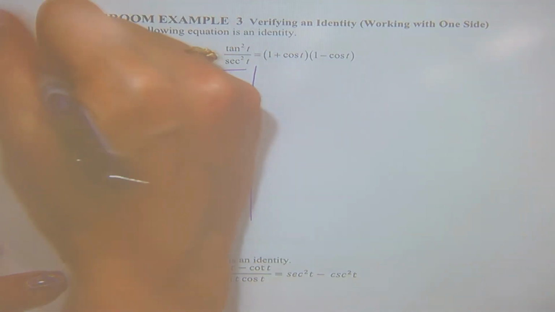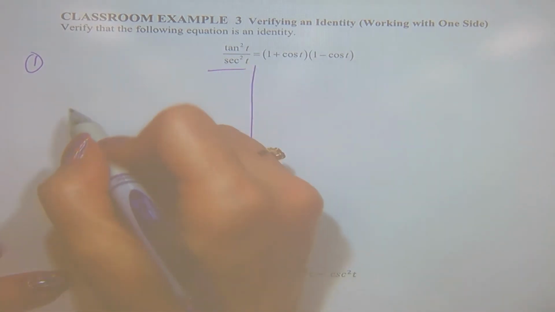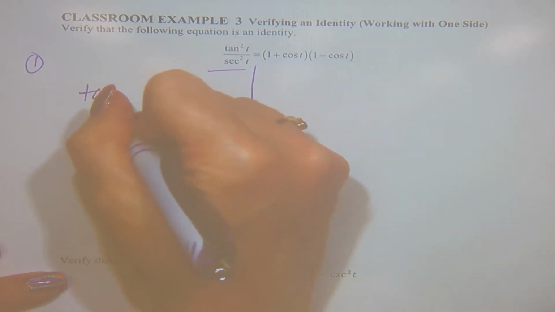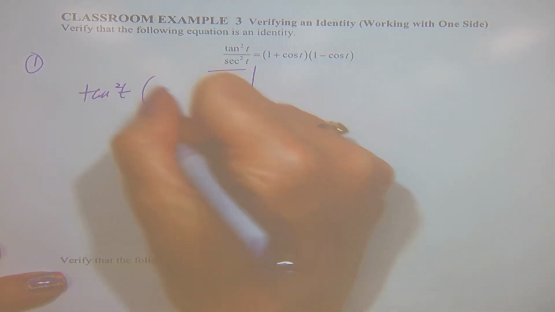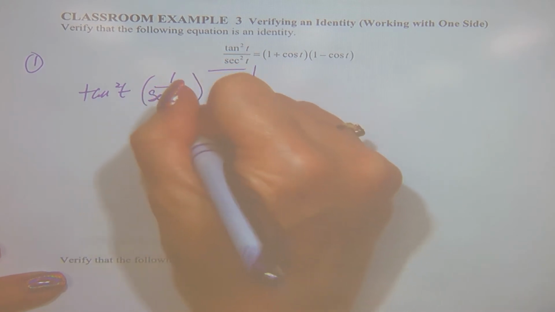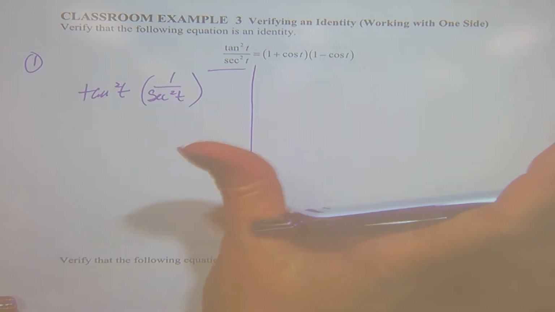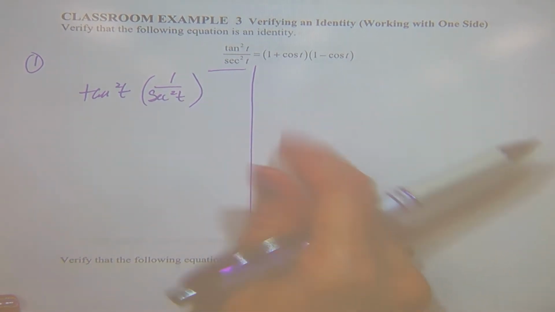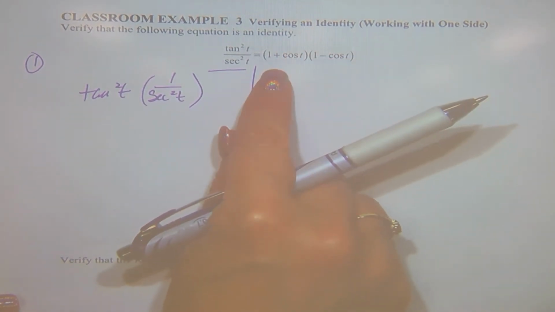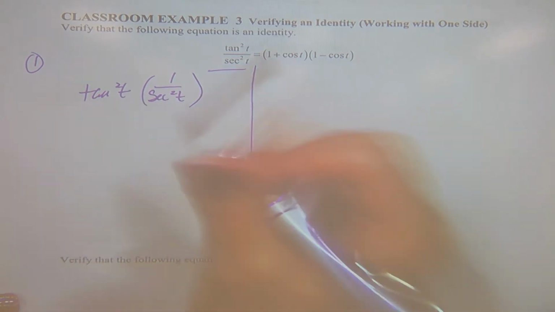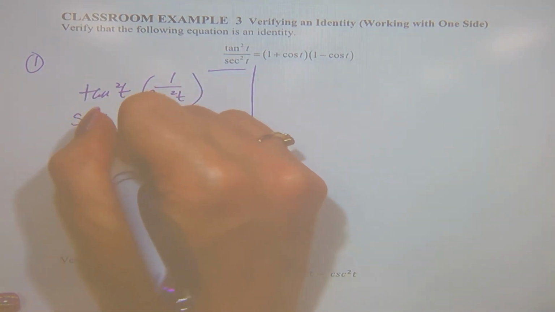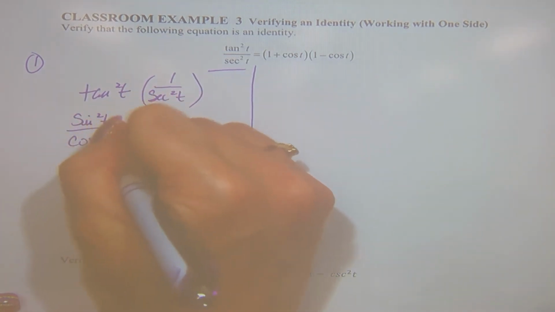The first method that I'm going to show you, we're going to say, okay, tangent square t times 1 over secant square t. I'm going to pull it apart so that I can more simply switch it to sines and cosines, because see, I've just got cosine over here. So I'm going to say, okay, tangent square t is sine square t over cosine square t.